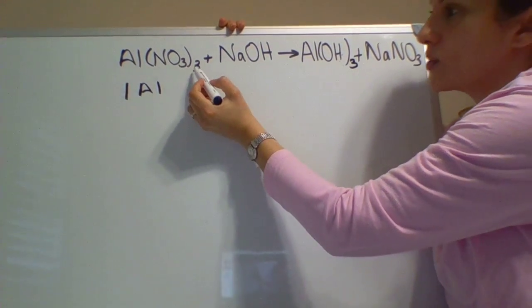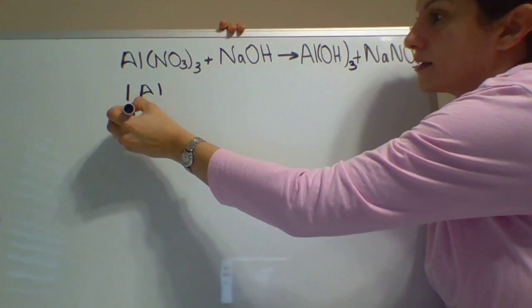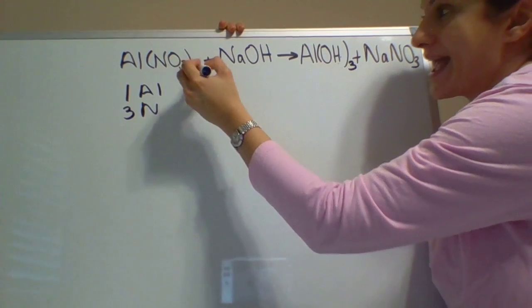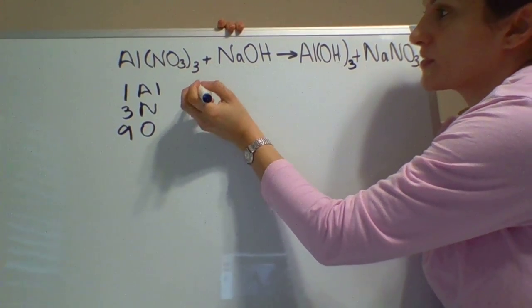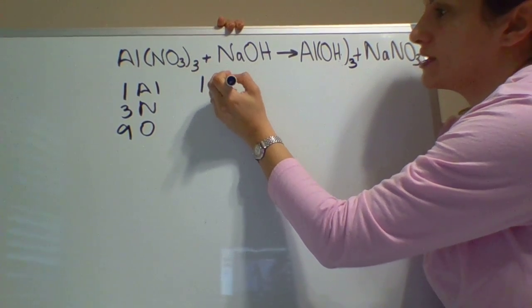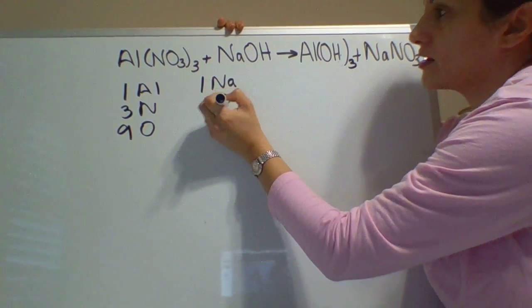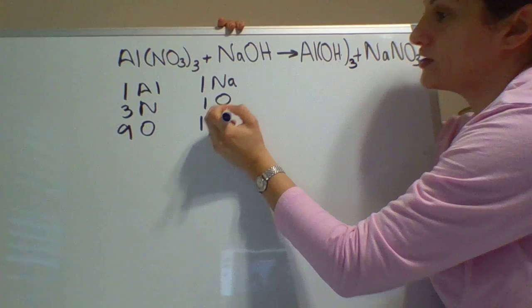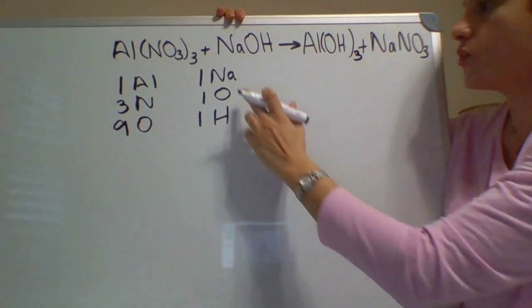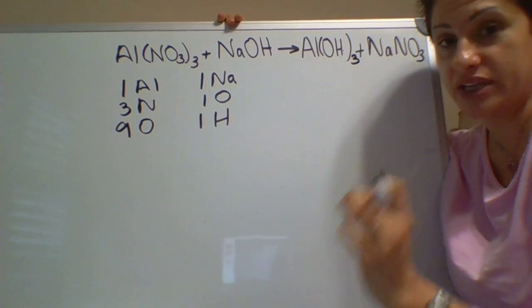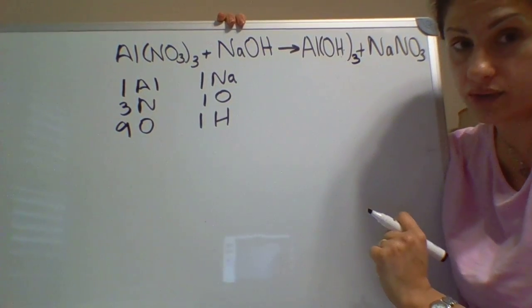In this case, we have 3 nitrogen and 9 oxygen. We have 1 sodium, 1 oxygen, 1 hydrogen. Now, so that you don't get confused, you notice how you have the 1 oxygen and the 9 oxygen. Please remember, you've got 10 in total.